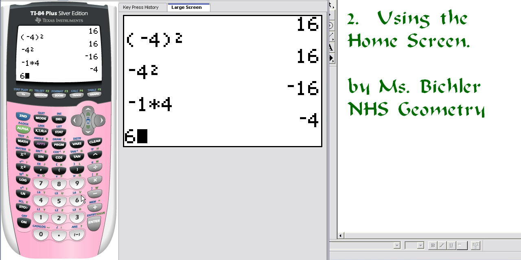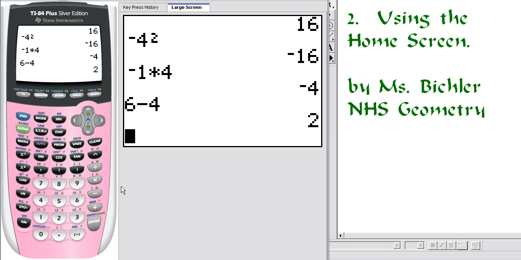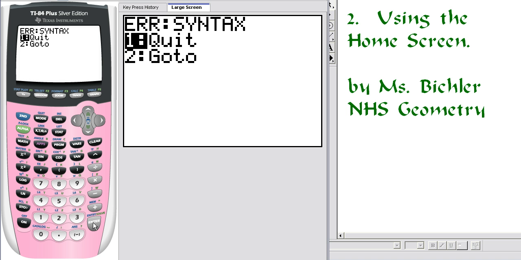Let's try something else. Suppose you want 6 minus 4. Clearly, using this subtraction button works quite well. What happens if you go 6 negative 4? Uh-oh, now it's upset. You have a choice of either quitting or choosing go to.